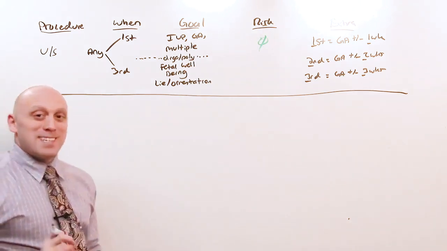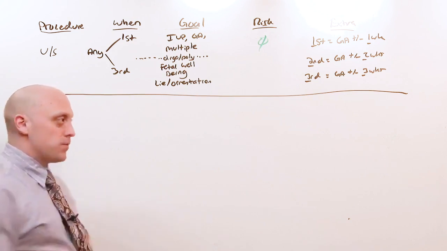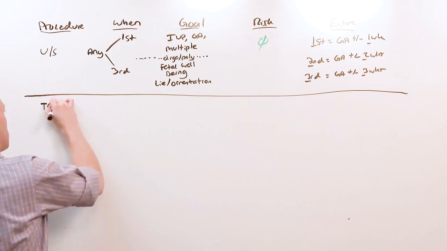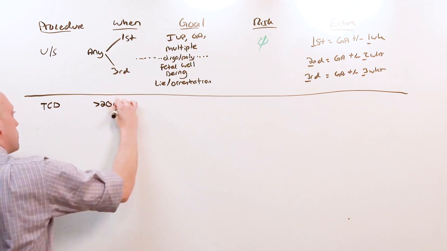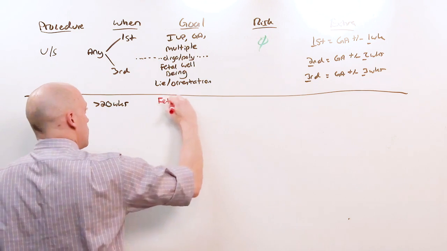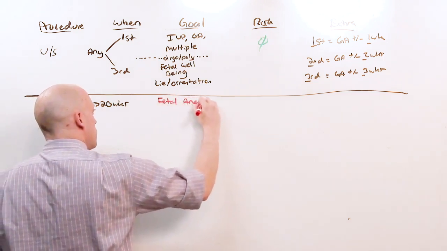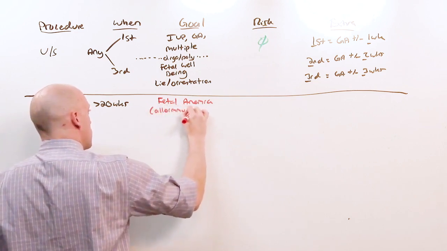Using the ultrasound in a different way is not routine, but just as safe. That is the transcranial Doppler, done after 20 weeks in the setting of fetal anemia. This is the alloimmunization we have a lesson on later on in the obstetrics course.